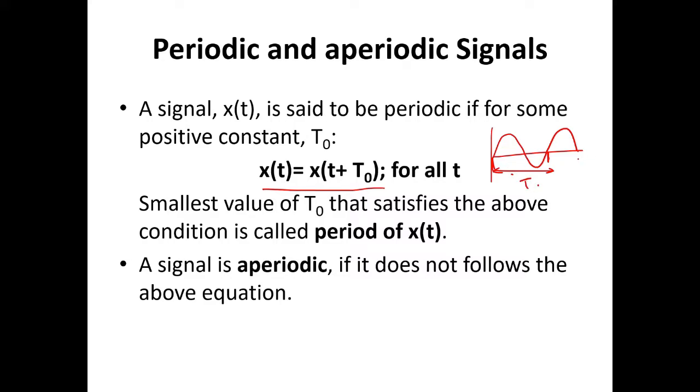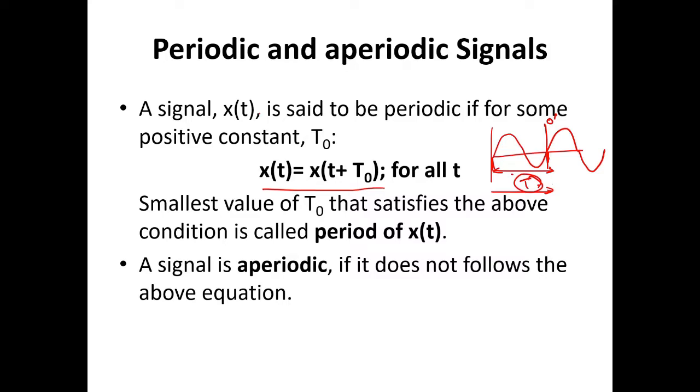After every period, if we push the origin over here to an origin dash O dash, we see the signal again starts to repeat itself over here. So with this time period, the signal becomes periodic in nature.